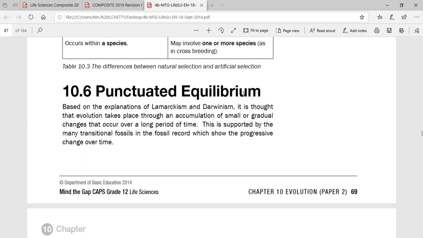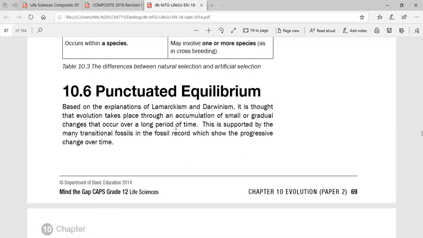Based on explanations of Lamarckism and Darwinism, it is thought that evolution takes place through an accumulation of small or gradual changes that occur over a long period of time. Small changes. And when I say a long period of time, it's hundreds of thousands to millions of years. That's how long this evolution took place.